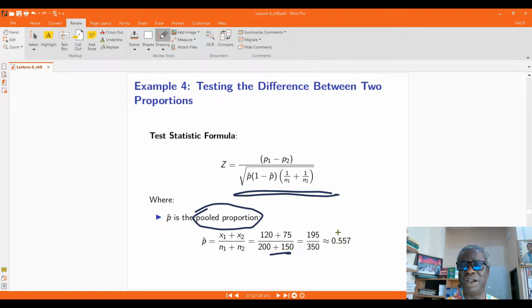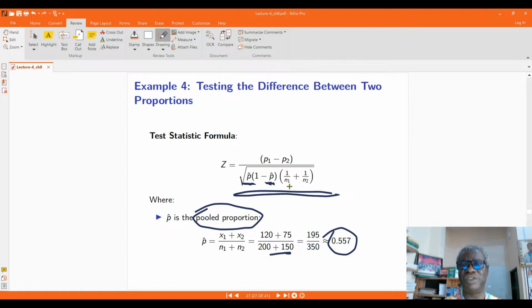And so the pooled proportion is 0.557. You can now substitute that value here.